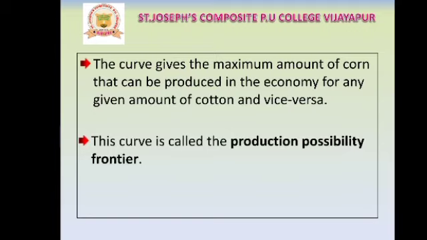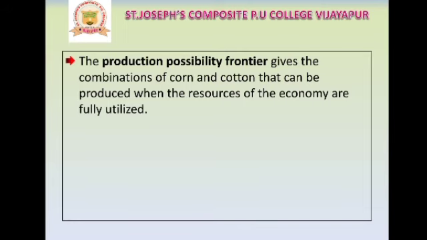The production possibility frontier gives the combinations of corn and cotton that can be produced when the resources of the economy are fully utilized.